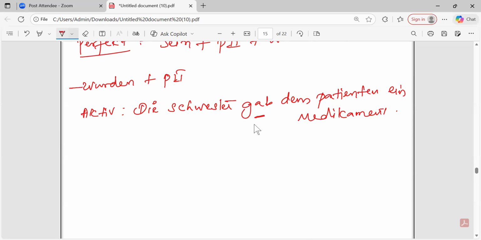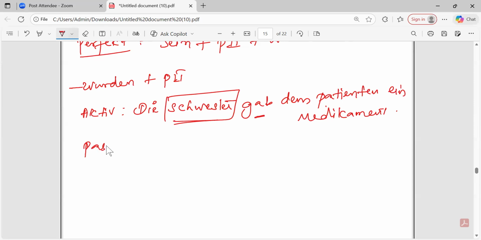The Schwester means the nurse. The nurse gave, so geben. I am writing the Präteritum form, gab. So the patient got a medicament. So who gave it? The Schwester. So that is the active.